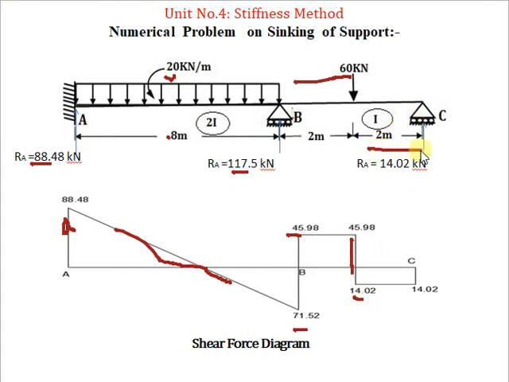There is no force in between this 60 kilonewton and the reaction at C, so there is a straight line, and after minus 14.02, plus 14.02 upward, you will get a 0 shear force at C. So this is your shear force diagram. Okay, so in this way we calculate the bending moment and shear force diagram.